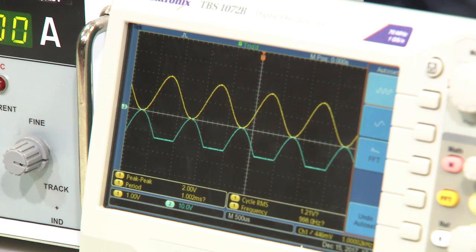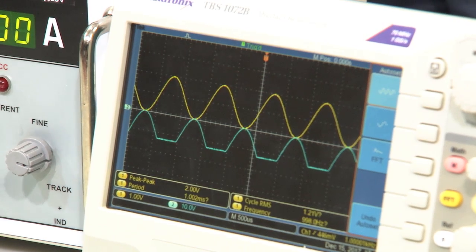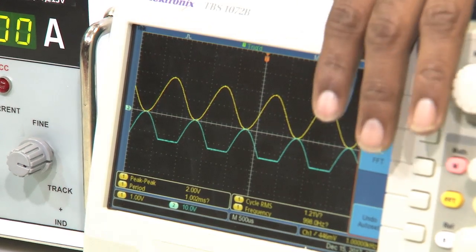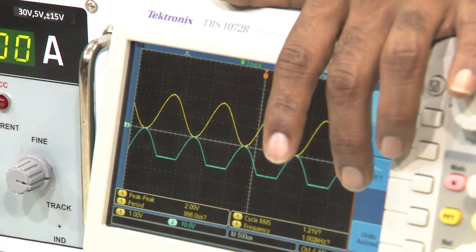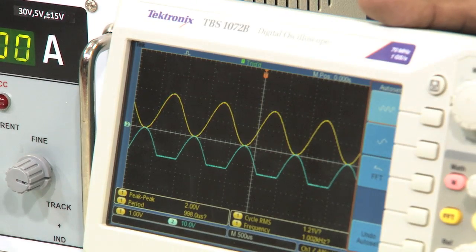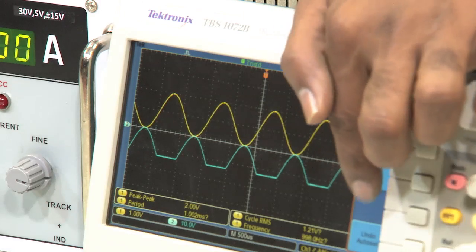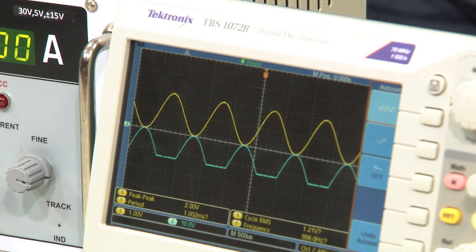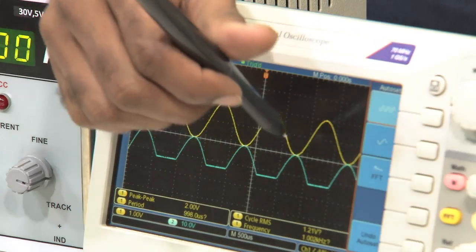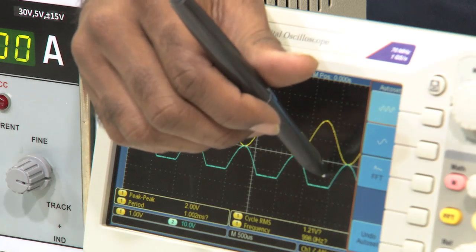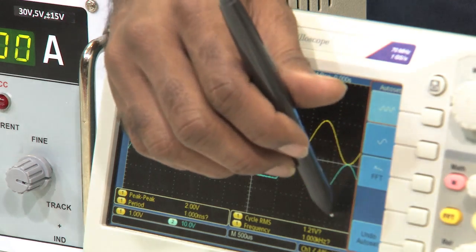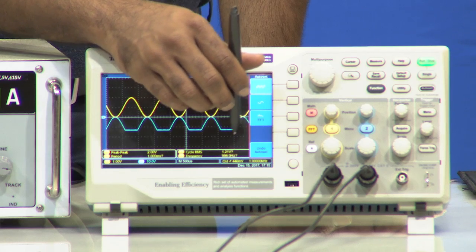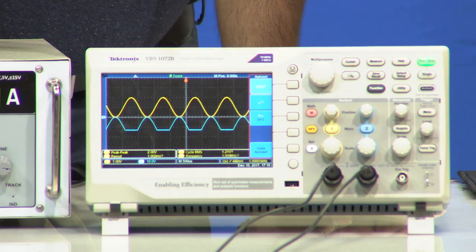Now, what happens if we decrease the input signal? Do not go with the idea that it does not look like 20 volts. We have adjusted the oscilloscope such that the blue peak to peak looks like 15. Here the blue one is clipped and peak to peak is 20, and the yellow one is peak to peak 1 volt.